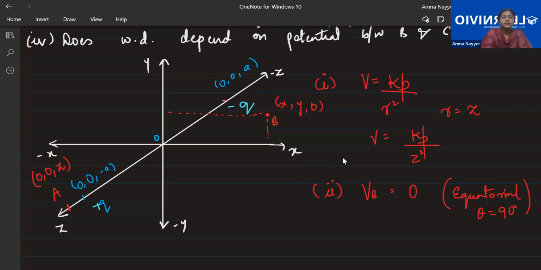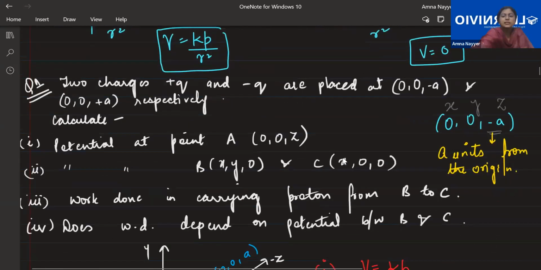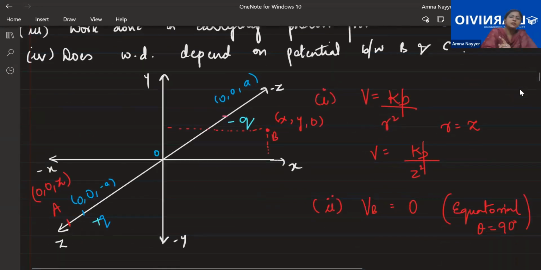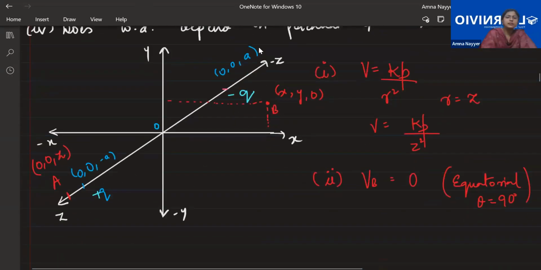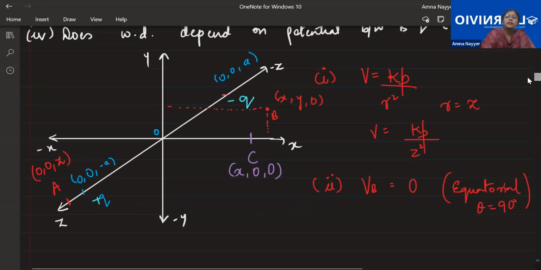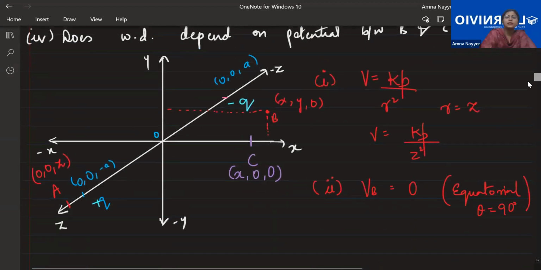Now look at this. C is (x, 0, 0). It means only the X-axis is there and Y and Z are 0. So this is somewhere here. This is your C point. (x, 0, 0) means only the X coordinate is there and the Y and Z coordinates are 0.